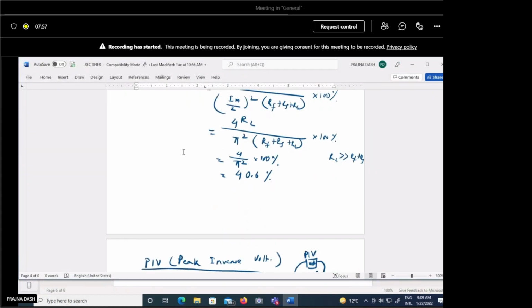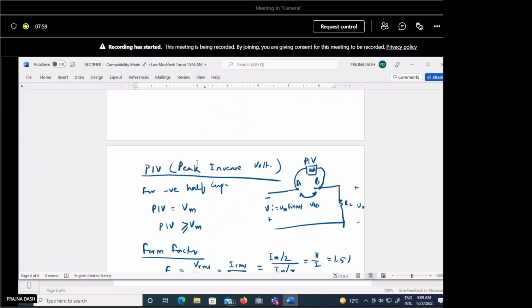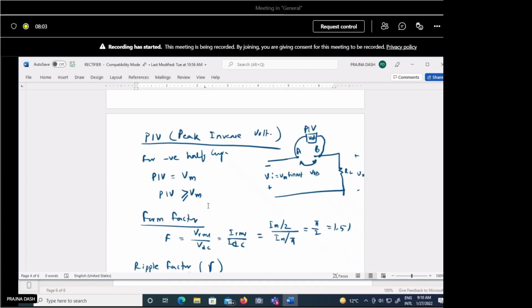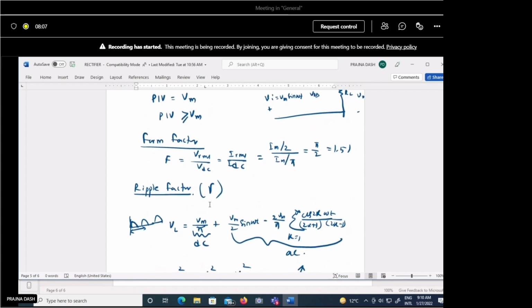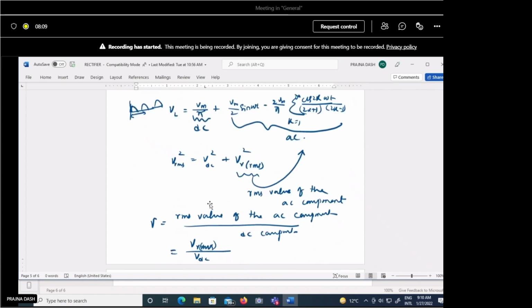As we have seen here, we are getting only 40% efficiency. Then peak inverse voltage, form factor, ripple factor.